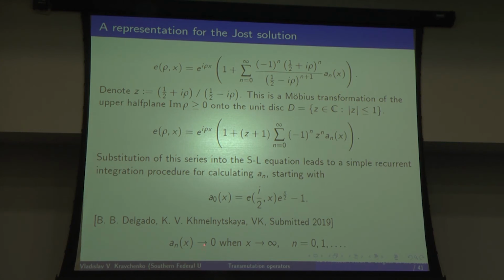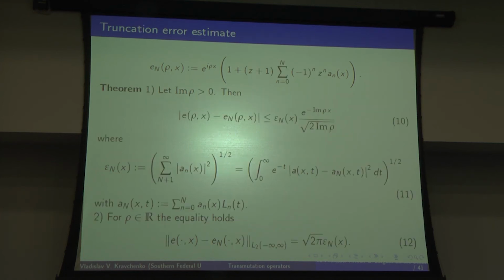Now, what can be found also quite easily is that these coefficients necessarily tend to 0 when x tends to infinity. So, first of all, the estimate. If we compute these coefficients, then the following estimate is very easily obtained.